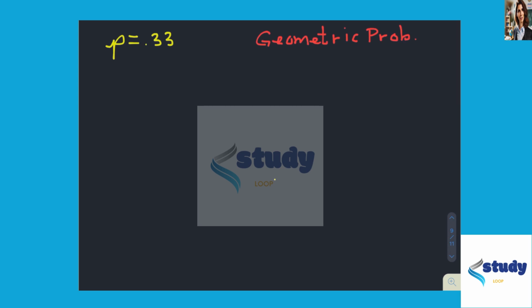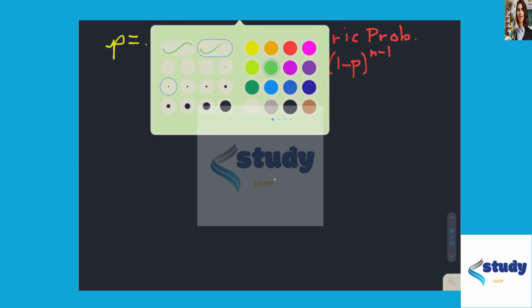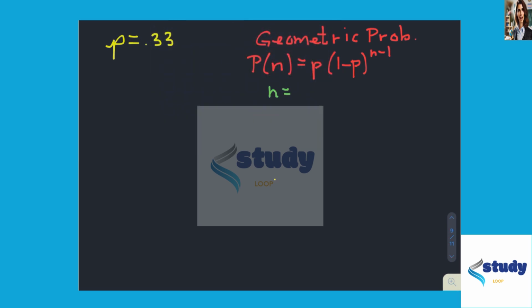And the formula to determine a geometric probability is P of n equals P times the quantity of 1 minus P to the n minus 1 power. And n in this case represents the trial where the first success occurs.